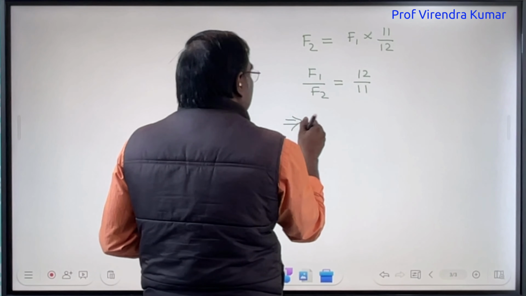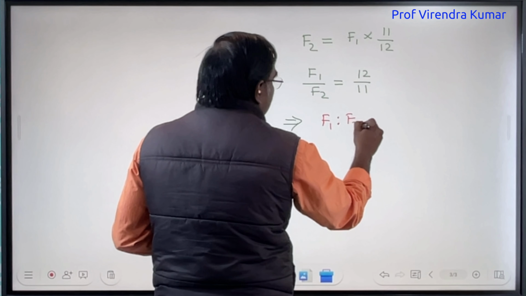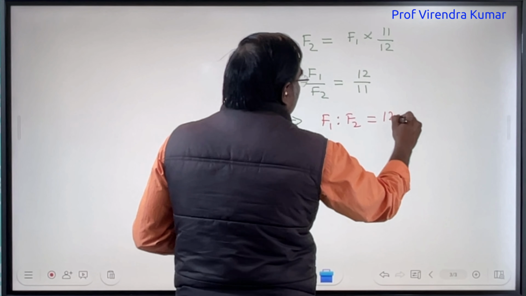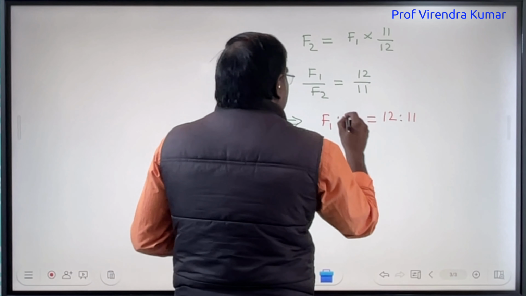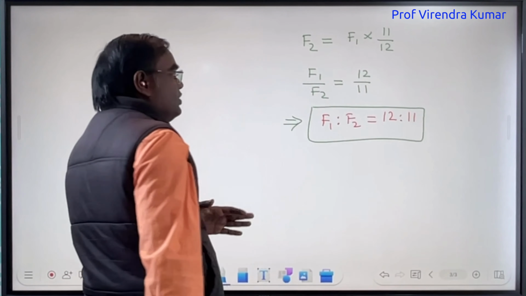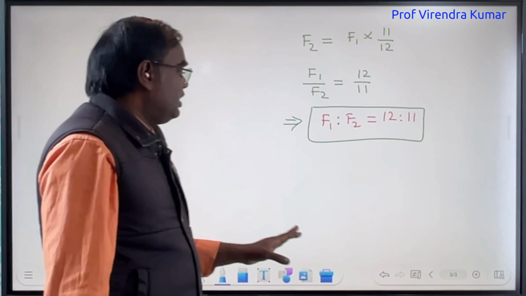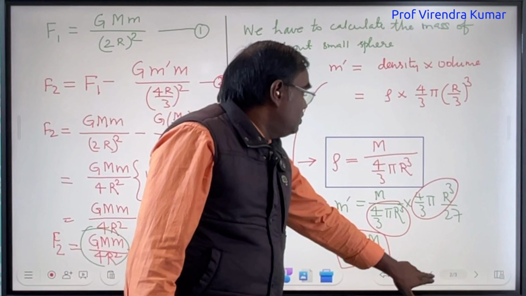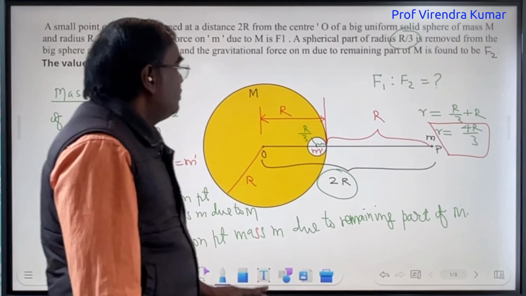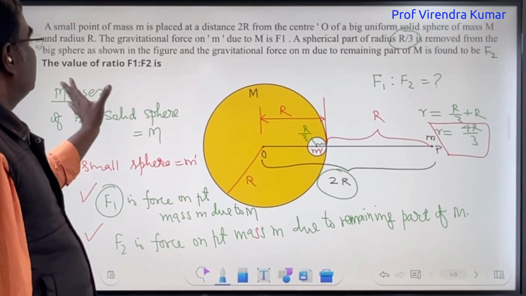That means F1 is to F2 is equal to 12 is to 11. This is the desired ratio. This is the ratio F1 is to F2, 12 is to 11. So we can calculate the ratio in this way.